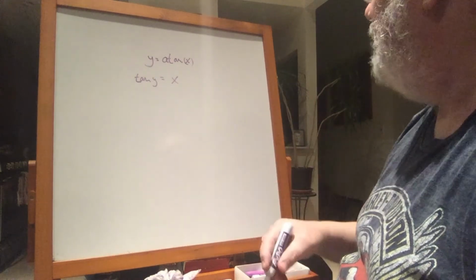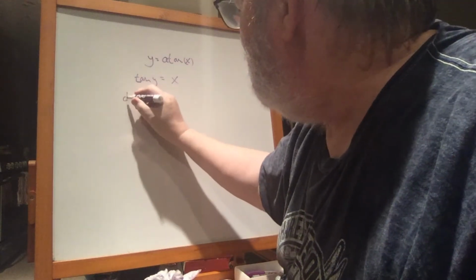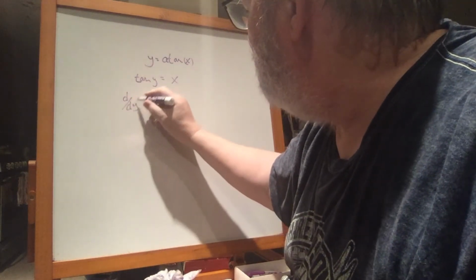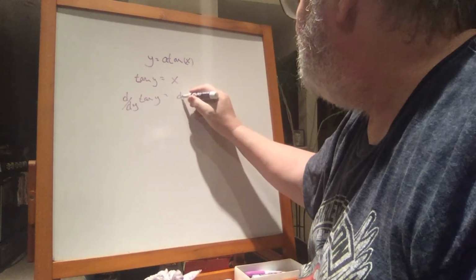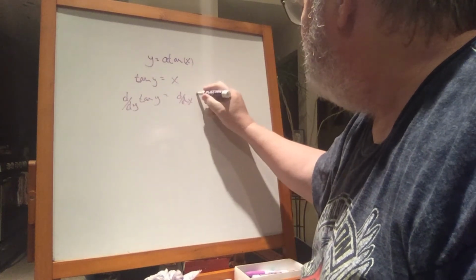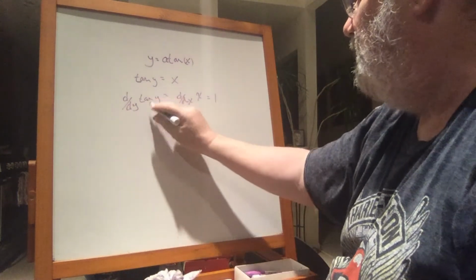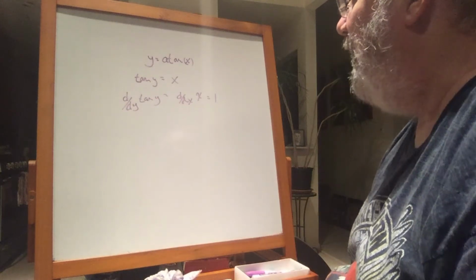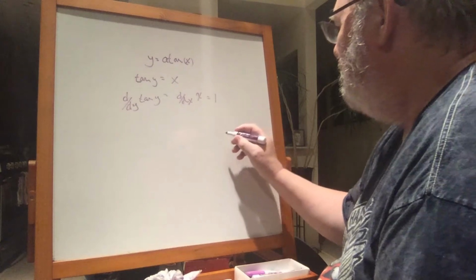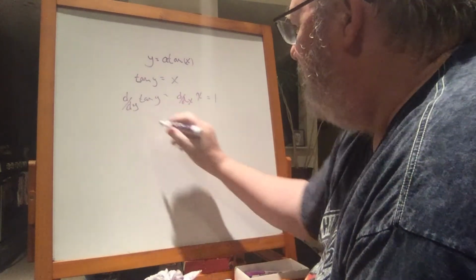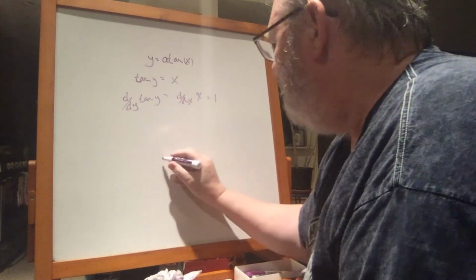For the same reasons that we did before, we say d dy of tangent y equals d dx of x equals 1. And remember, d dy of our tangent was, I think, secant squared. Let's work it out.